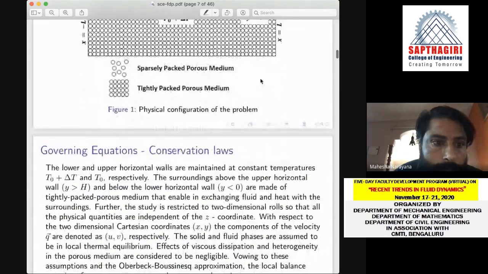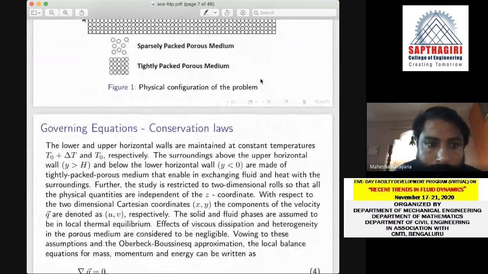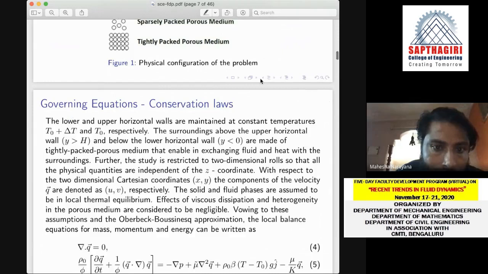And you all know that whenever we model a fluid mechanics problem, we have a set of equations which govern the various phenomena like momentum transfer, heat transfer, and continuity of fluid.